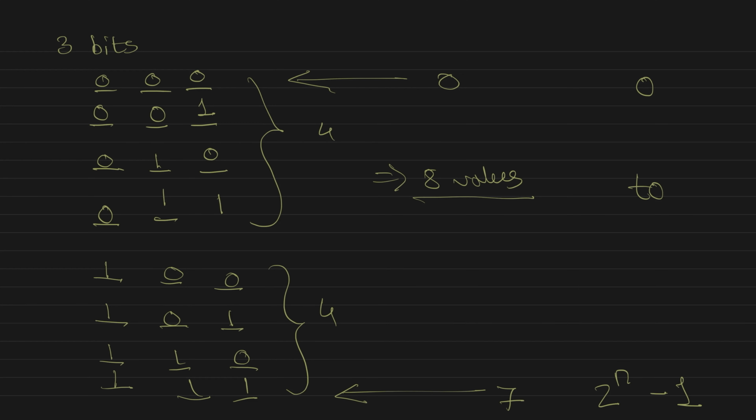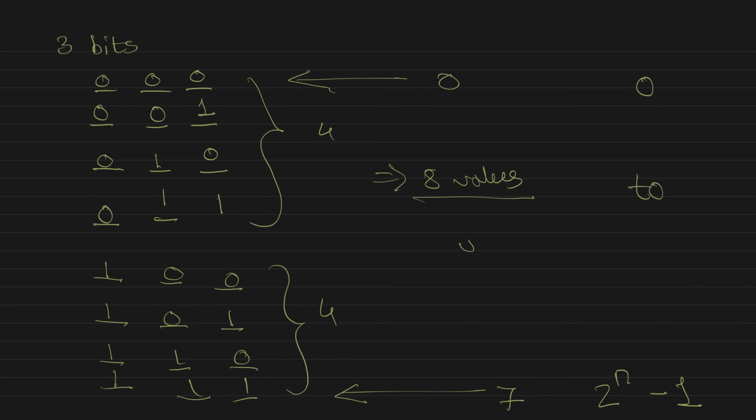Here n is equal to 3, so 2 raised to 3, which is 8, minus 1 is 7. So the maximum value is 7 and the minimum value always starts from 0.